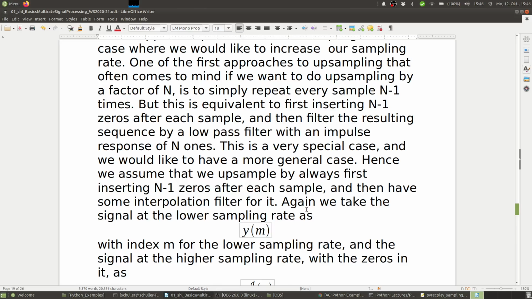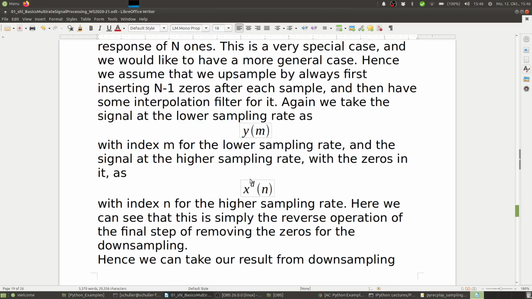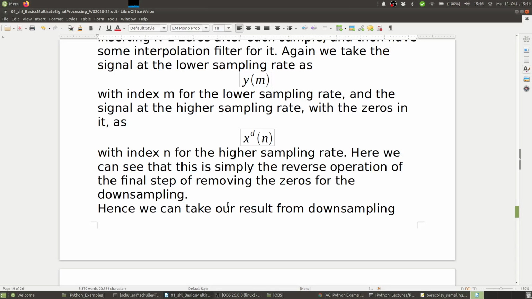So let's take a look. We take the signal y of m at the lower sampling rate. Lowercase m denotes the lower sampling rate. Now we want to do the upsampling. First inserting the zeros, we get x d back, and lowercase n denotes the higher sampling rate.